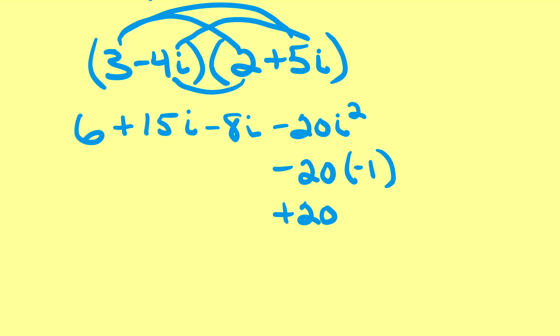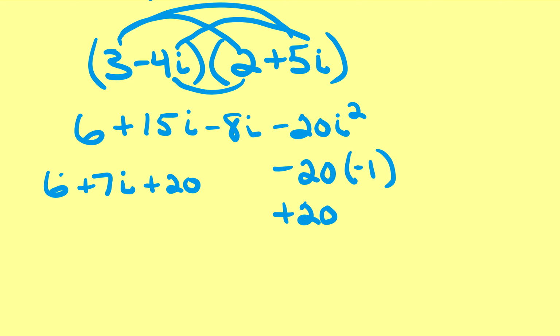Okay. So now I'm going to add that 20 to my remaining figures to the left. So that means I'm going to have 6, 15 minus 8, these are like terms, is going to be positive 7i, and then this 20 now, and it's positive 20.